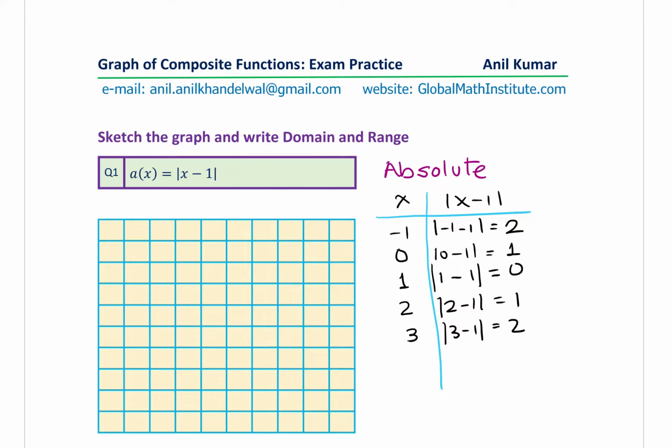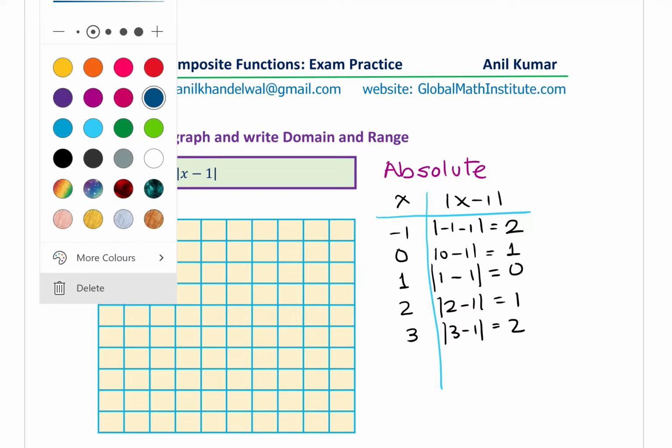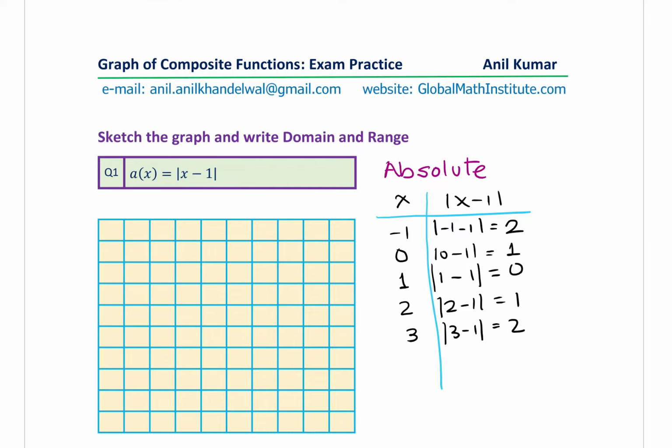So let me now sketch the graph with the help of these points. Let's draw the axes first. Let me sketch the x-axis and the y-axis, let us take it right there in the center.